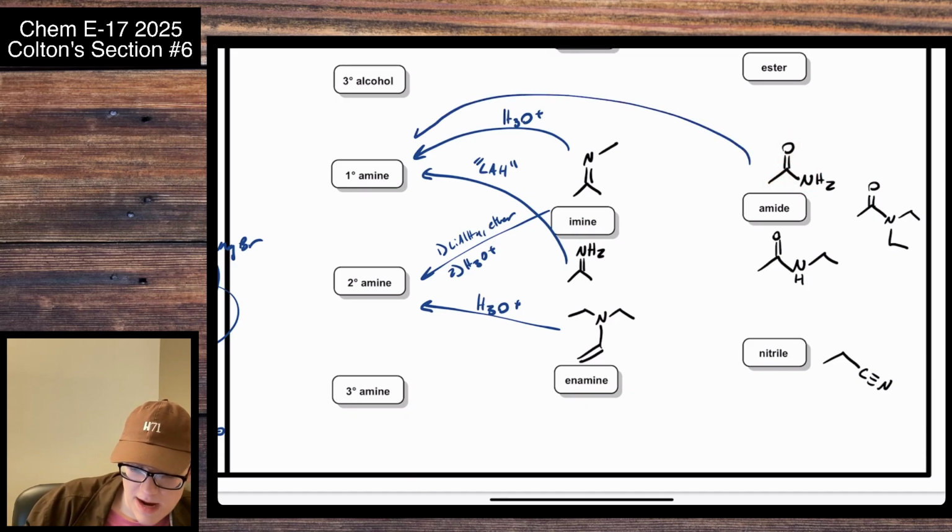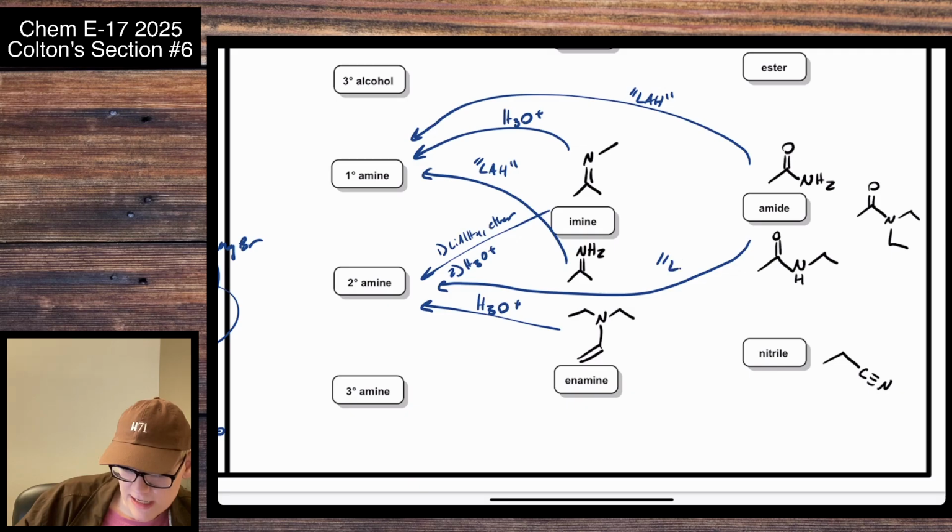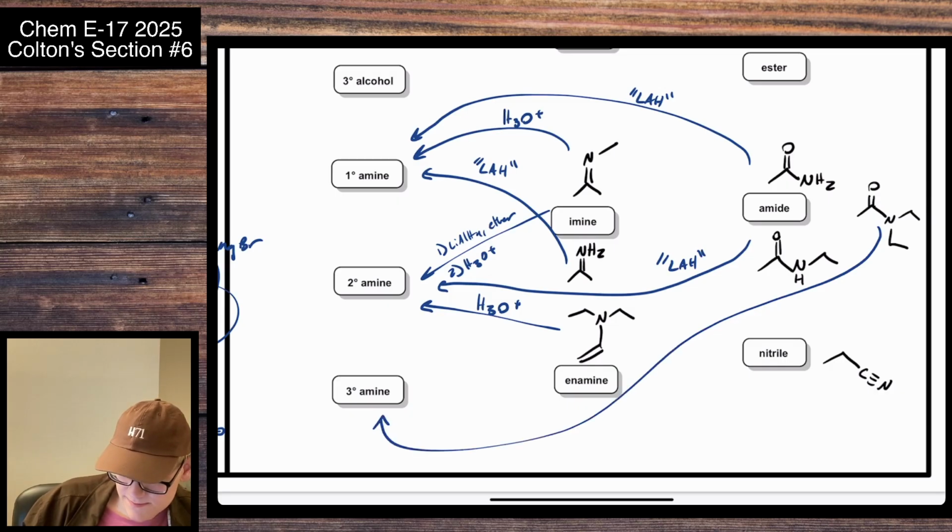So we can form a primary amine with LAH. Over here, if we erase this carbonyl, that's going to make a secondary amine. So we can do that with LAH. And then over here, this could make a tertiary amine with our LAH conditions. Woof.